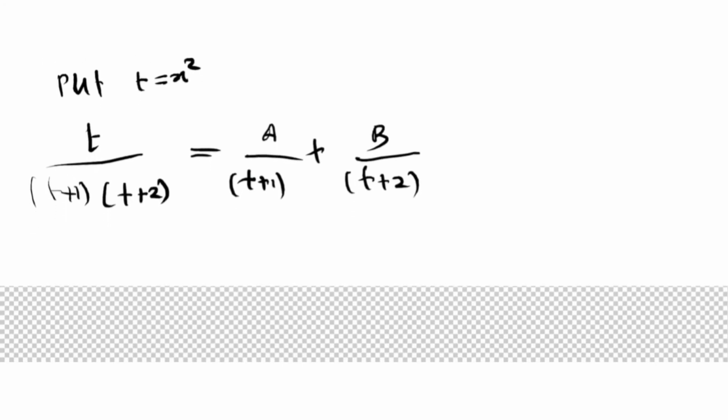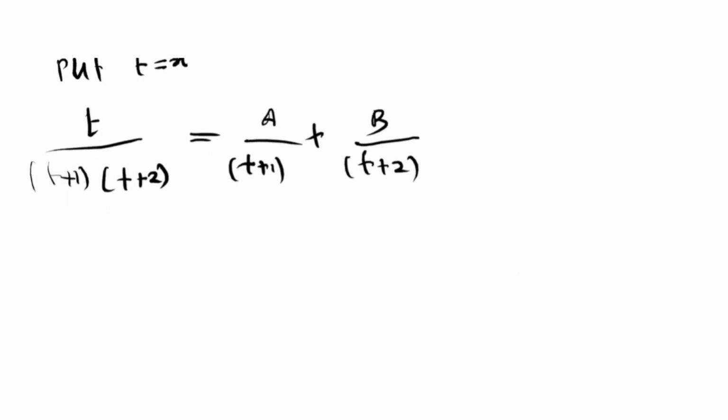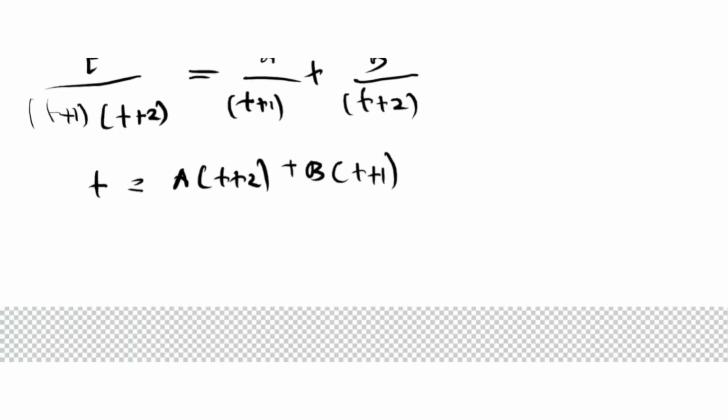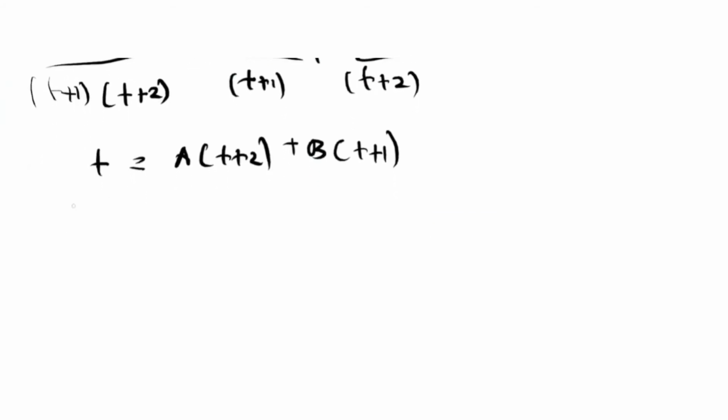Now we just solve it with t. You take t plus 1 and t plus 2 as the common denominator, which would leave you with the sum, right? And if you solve it, you will get a equals -1 and b equals 2.